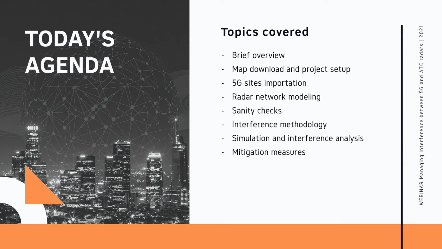So the topics we're going to discuss today: first, I need to give you a general overview of what I'm trying to do or how the process works. I'm also going to walk you through the project setup process, all the way from map download to 5G site importation, radar network modeling, and I'm going to shed light on the sanity checks that you need to go through, and move on to interference analysis methodology, running simulation, and mitigation measures.